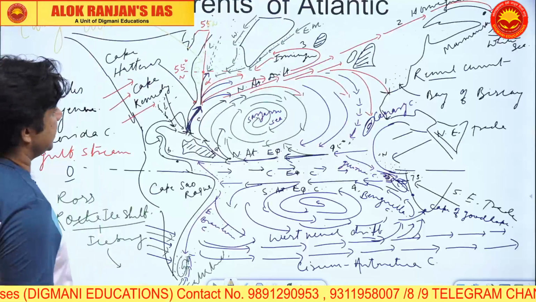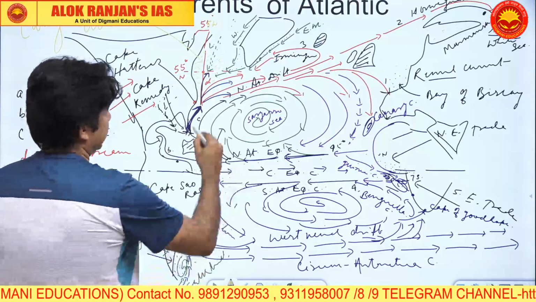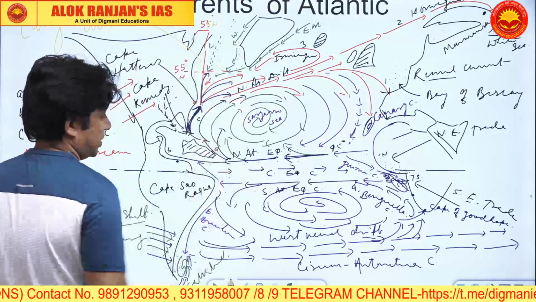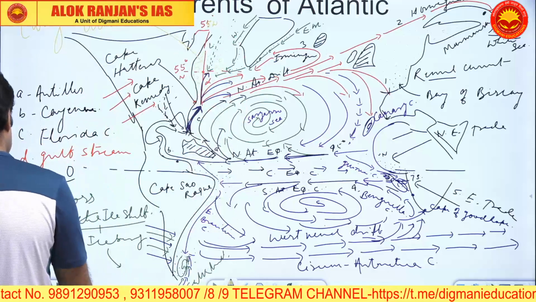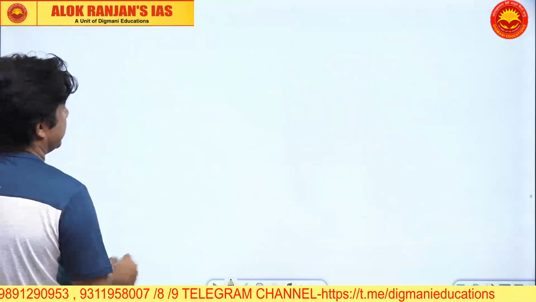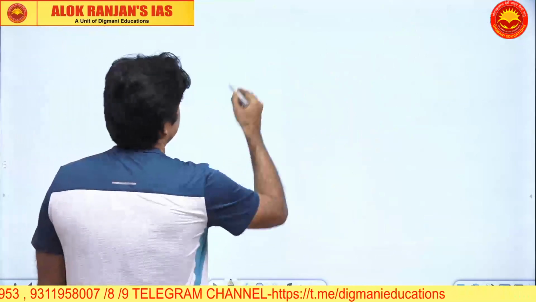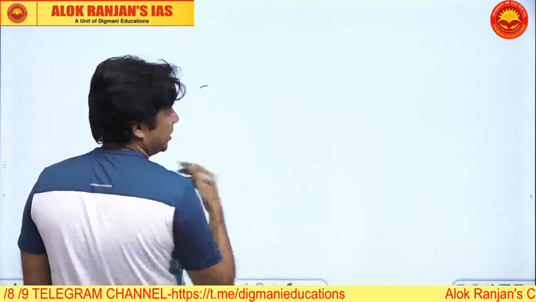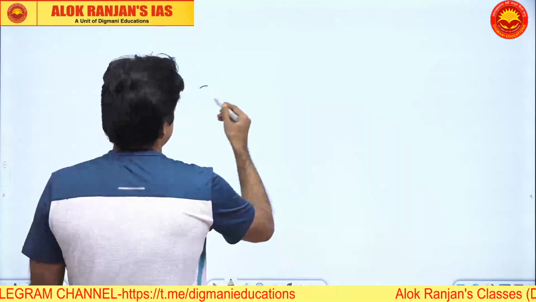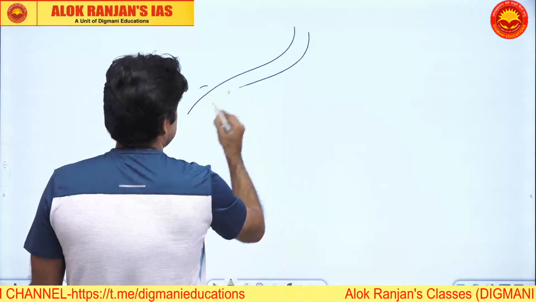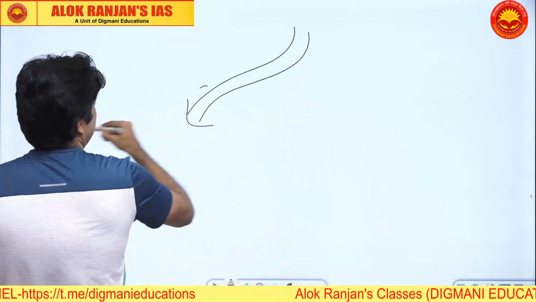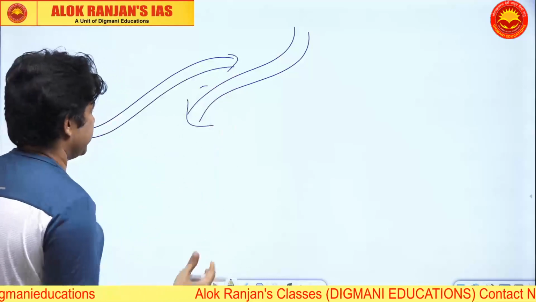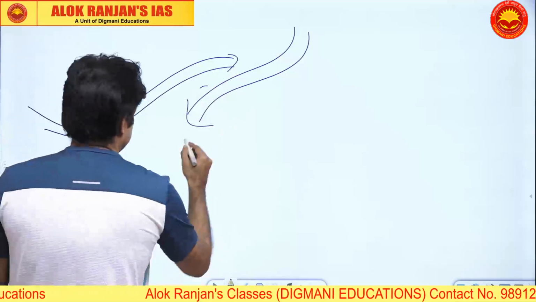As we reach this diagram, we have this Gulf Stream here, meeting with Labrador. Now I must explain why fishing belts will be produced. So let's go to the fishing belt phenomenon. When the cold current and the warm current meet, the warm current will always be on the surface and the cold current will have a tendency to move down.